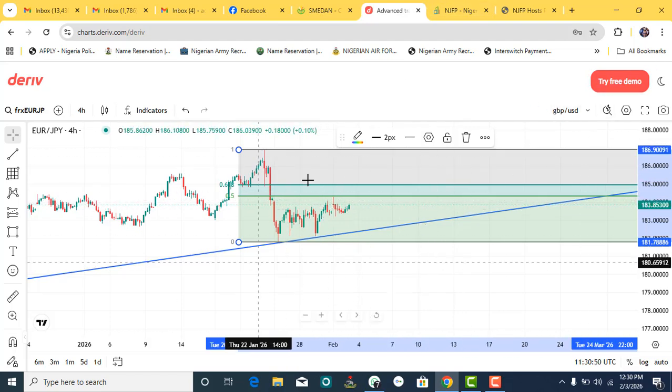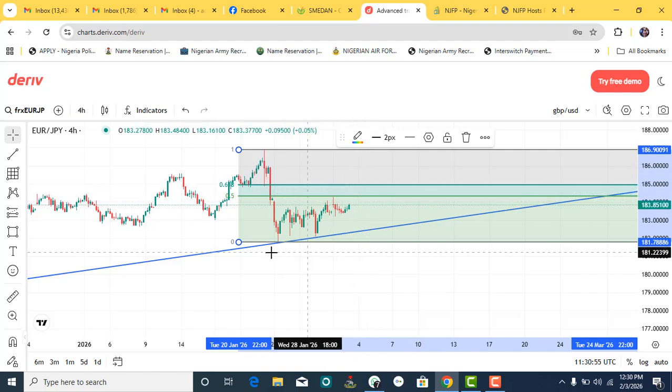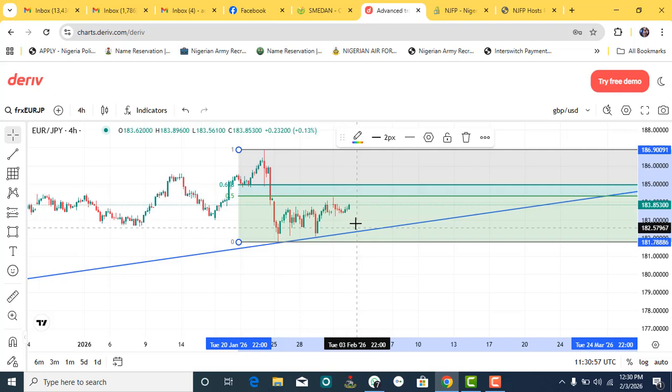If it comes back to this level, then we'll go to the 15 minutes time frame to look for a short. But if it breaks through this level and begins to create an upward structure, just the way it is right now, we're waiting for it to come in here and give us a sign to go down so that we can short it downward, or else break this level and give us a sign that this market is going upward, then we buy to this particular level. So what do we actually do?